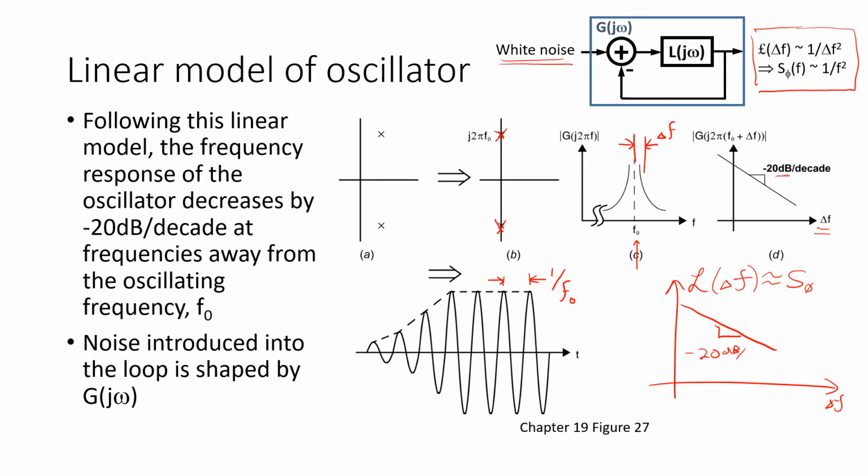And indeed, as a result, we do observe in integrated circuit oscillators phase noise with a shape that rolls off at 20 dB per decade over a wide range of frequencies.